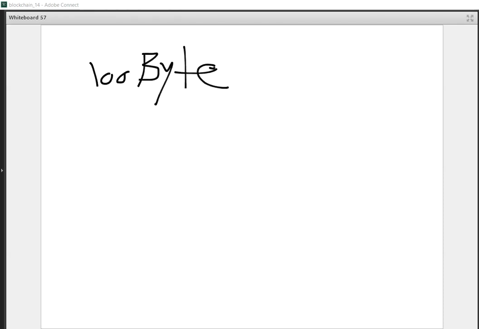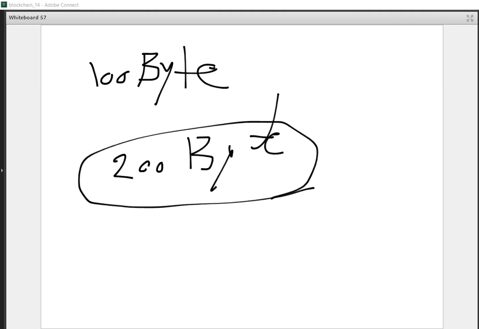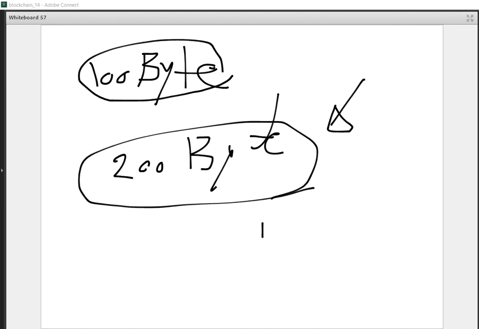For example, suppose that the size of a transaction is 100 bytes, and another is 200 bytes. Certainly, the fee associated with the second transaction is greater than this one. Okay.